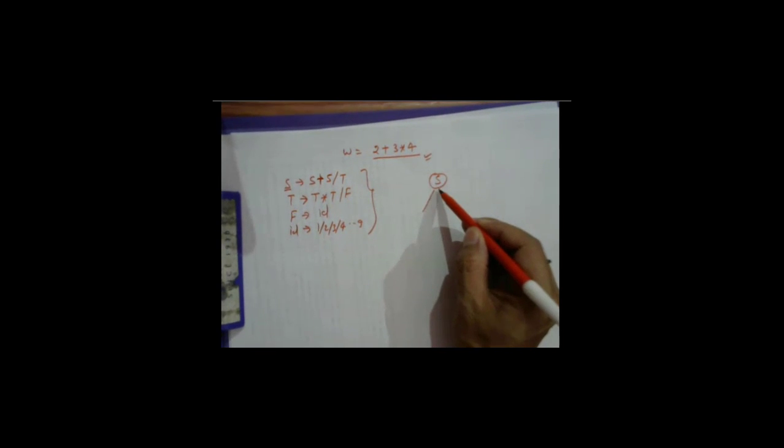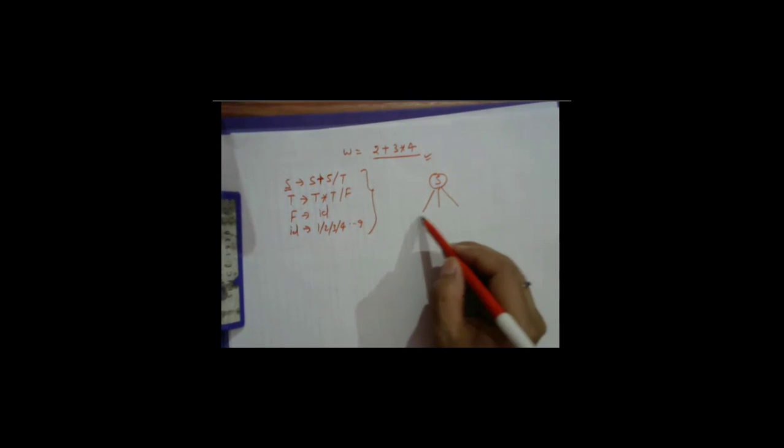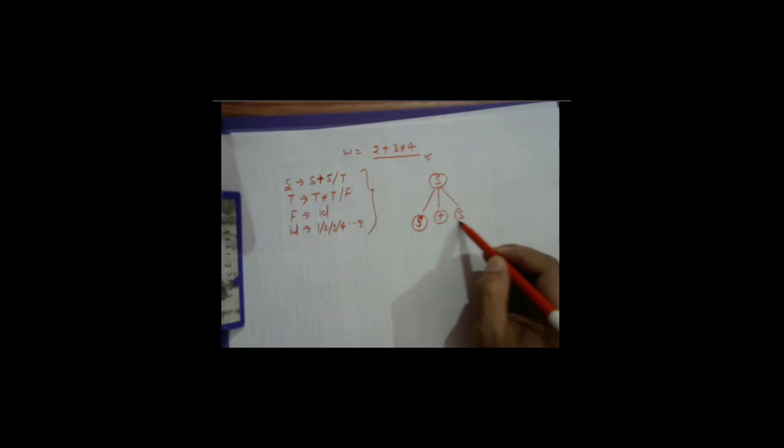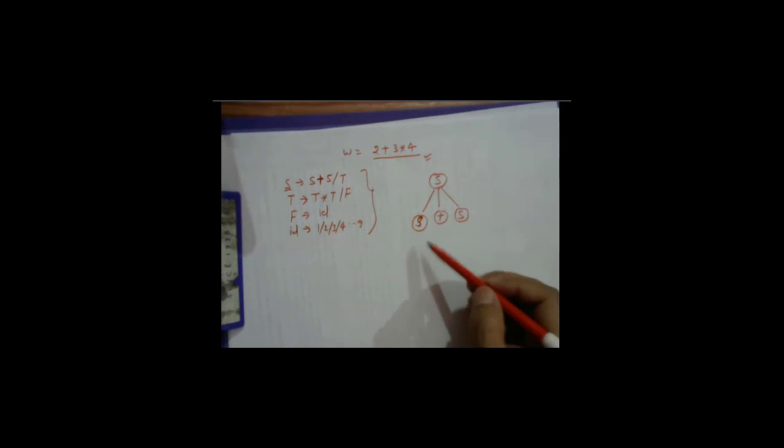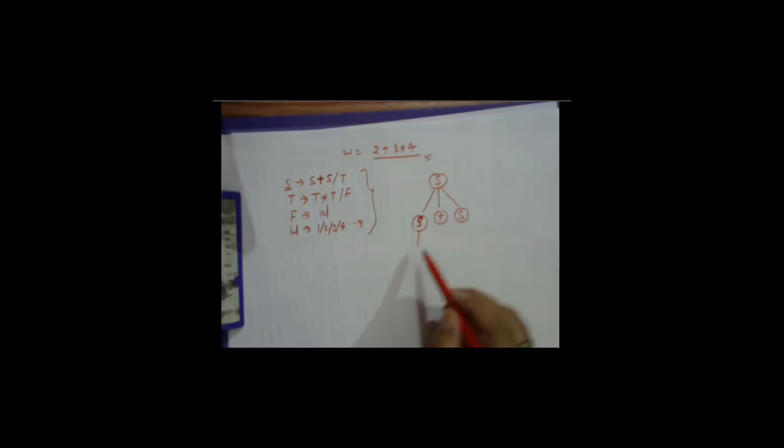Then we form S plus T. Then S again goes to T, then to F, then to id, and then to the symbol 2, the leaf node.